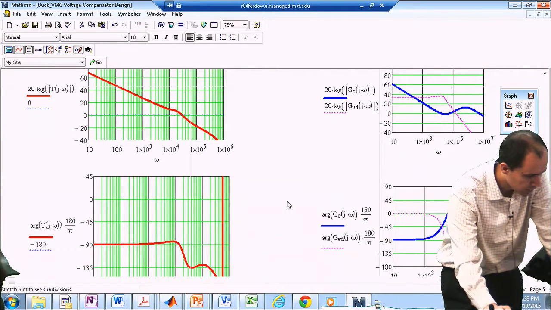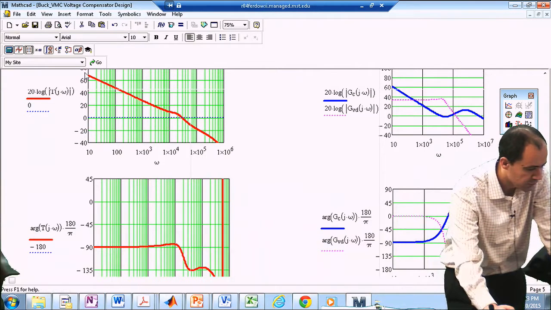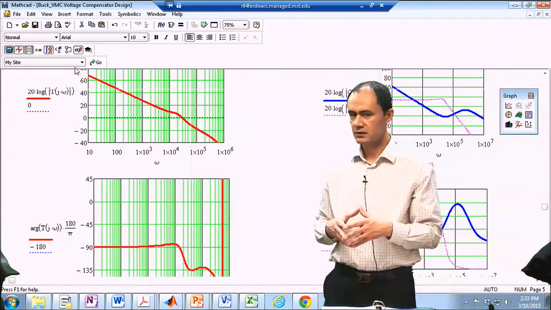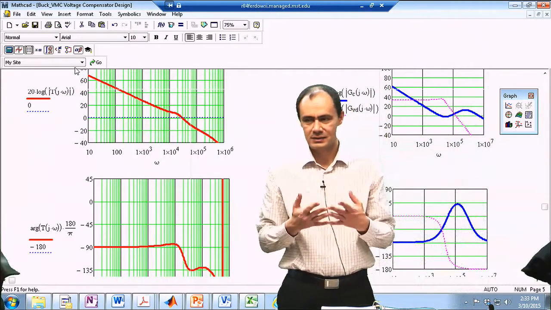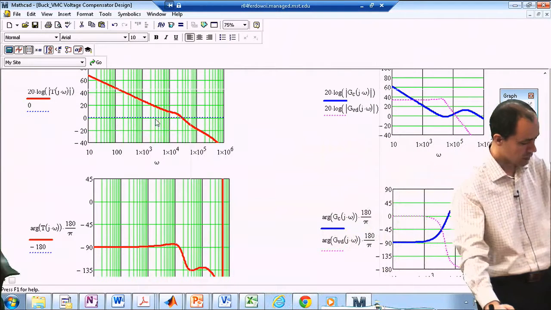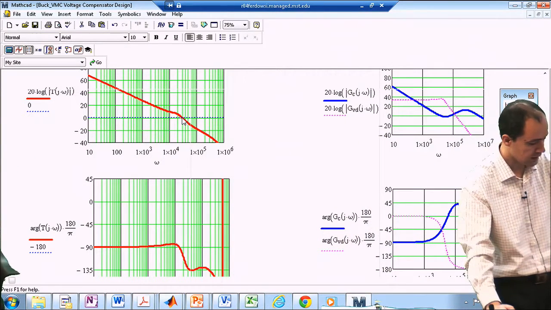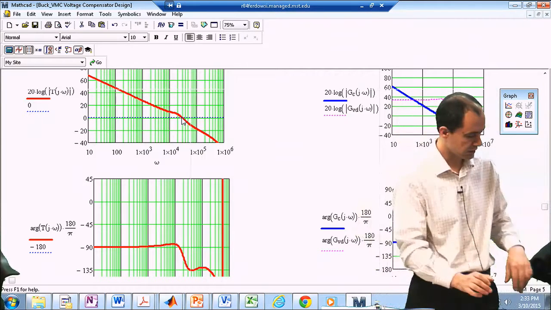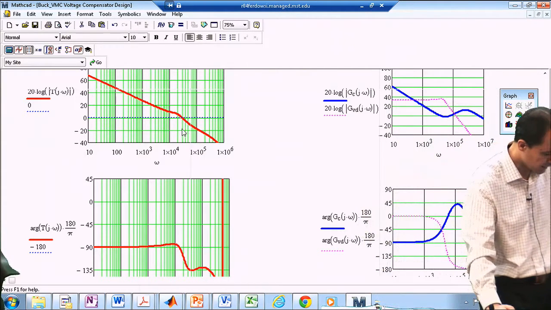So look at the loop gain. We need a very high gain at 0 frequency, or DC, to eliminate the steady state error. So we achieved that. Our bandwidth is about 30,000 radians per second.